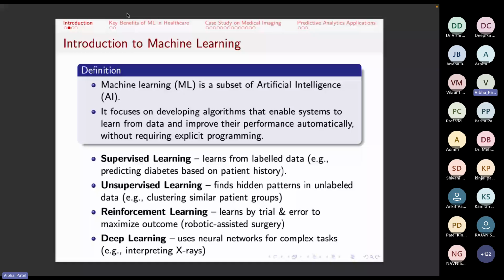Okay, so there are several applications for which the data is available, and there are several sources of data. As of now, there are several sources of data available related to healthcare and various other domains as well. Kaggle is one of the well-known sources of data for this category. So let's say, suppose I want to predict diabetes based on patient history, then you need to have historical data about the patients, and whether each patient is suffering from diabetes or not suffering from diabetes based on the historical data.